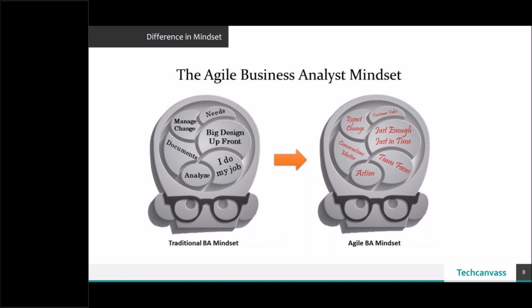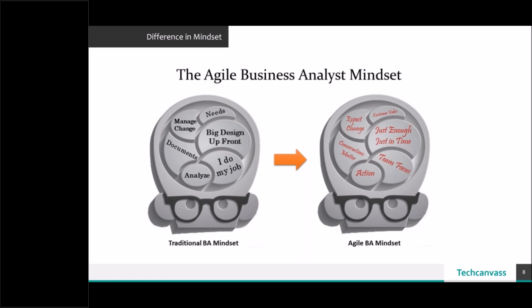For agile BA, everything falls into your plate, but it is a team effort. So you know that you can always go and talk to your product manager. He can explain that this is what we're looking for, this is the problem statement, and this is the kind of value which is going to be delivered.